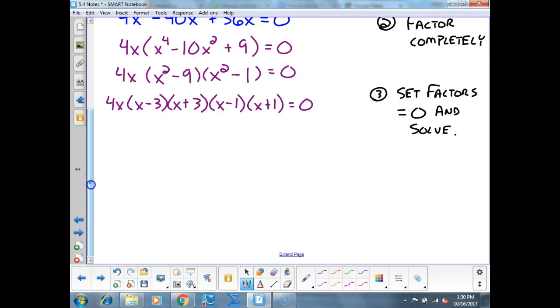Okay, so 4x equals 0, x minus 3 equals 0, x plus 3 equals 0, x minus 1 equals 0, x plus 1 equals 0.